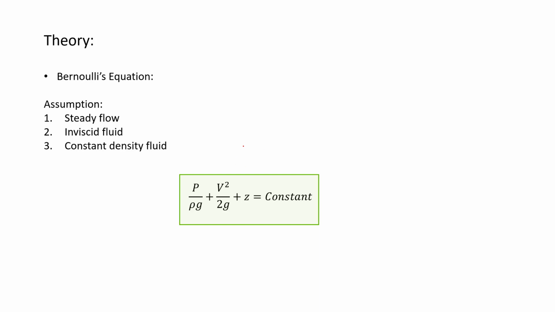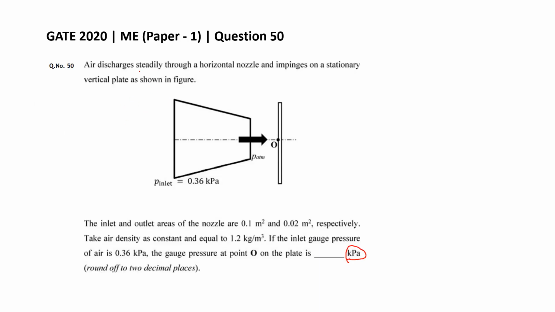So this is the Bernoulli principle again, and these are the three assumptions. As I always say, keep these assumptions in mind. Let's see if these assumptions apply to our case. Steady flow, so it does say steady.